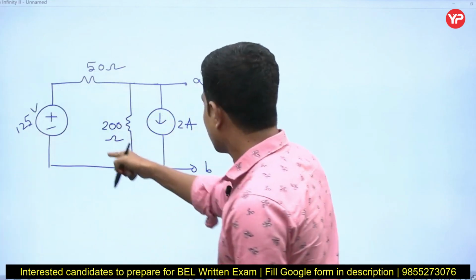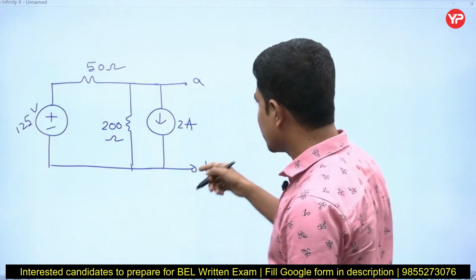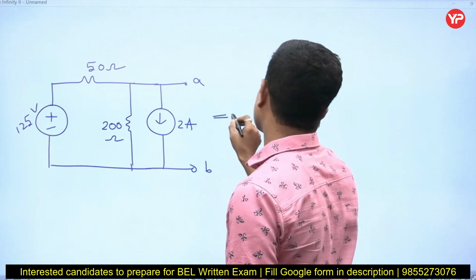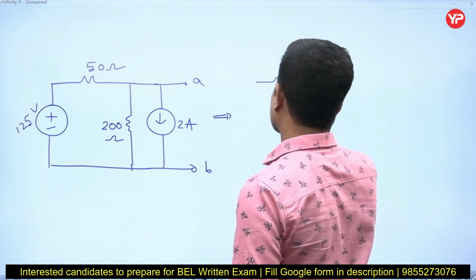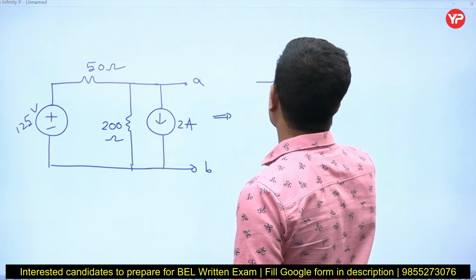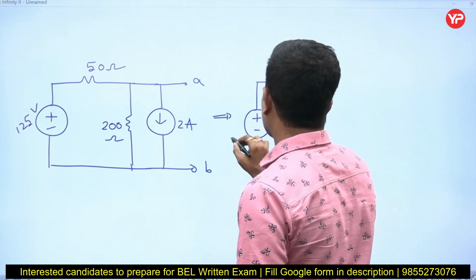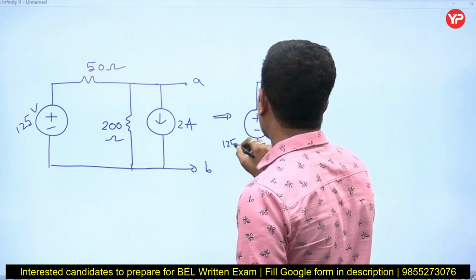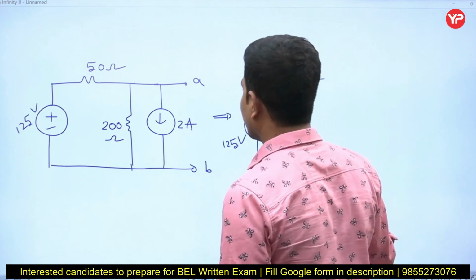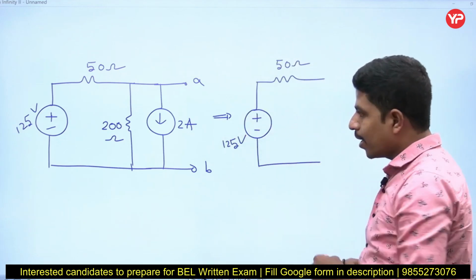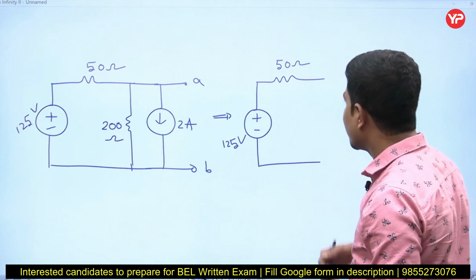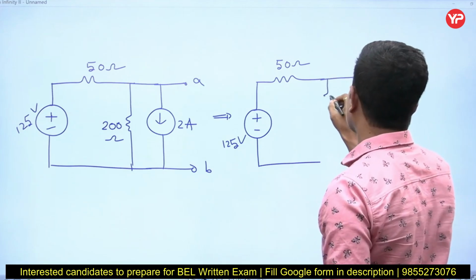If I convert this current source in parallel with resistance into a voltage source in series with resistance, I get this one. This is 50 ohms, and this is 125 volts. The 200 ohm resistance stays as it is.